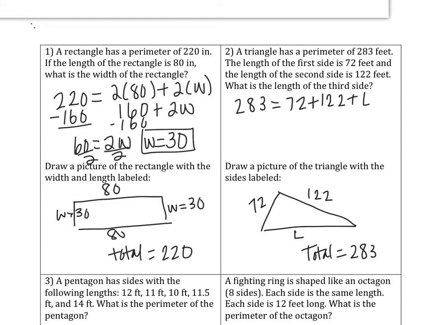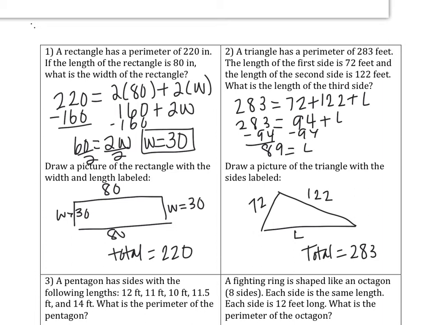So we add that together, and we get 122 and 72 is 194 plus our length. Subtract 194 from both sides, and we get 89 equals our length.